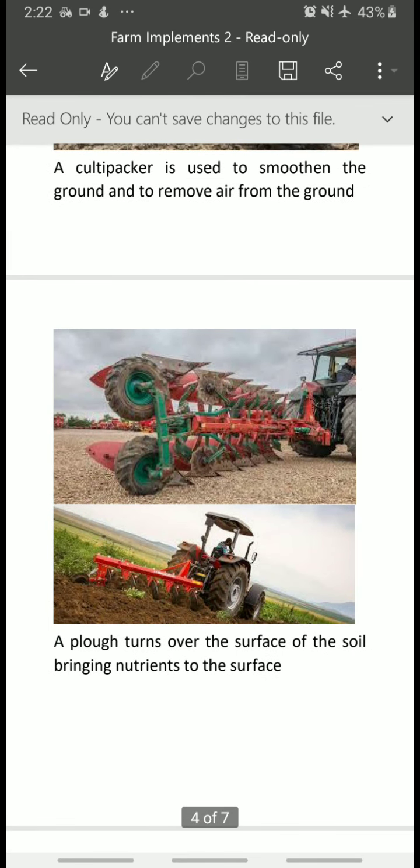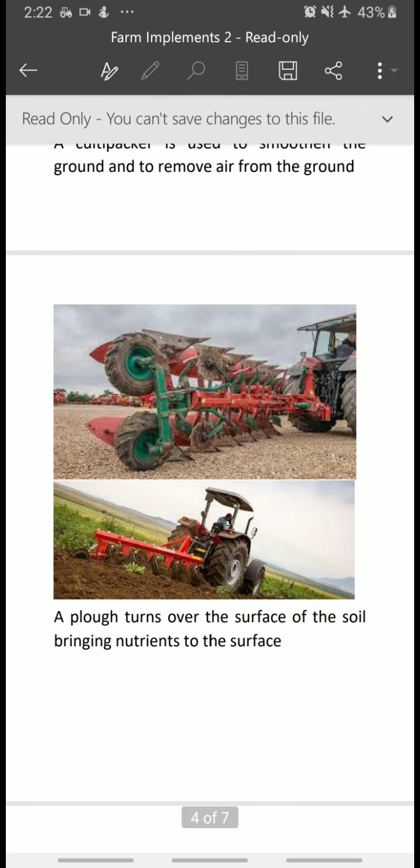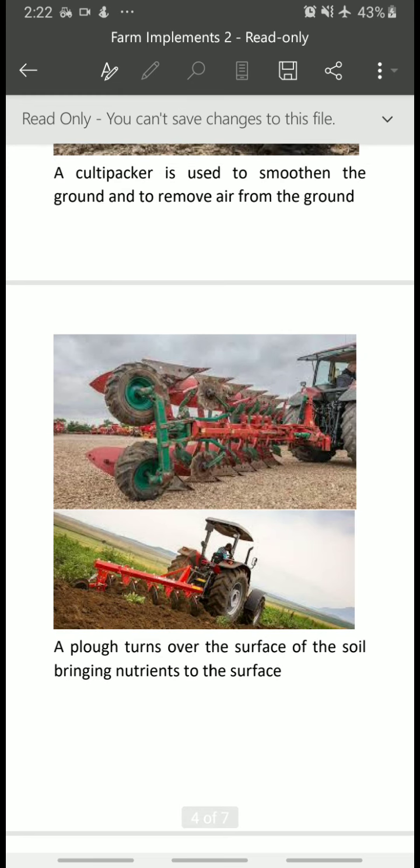And then we have the plow. What we do with the plow is we use it to dig the soil and turn it upside down.